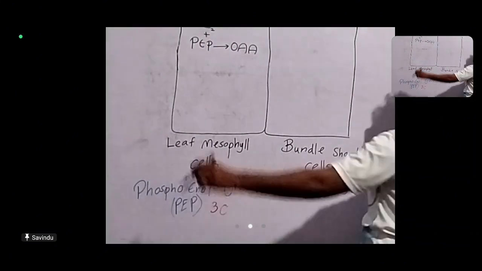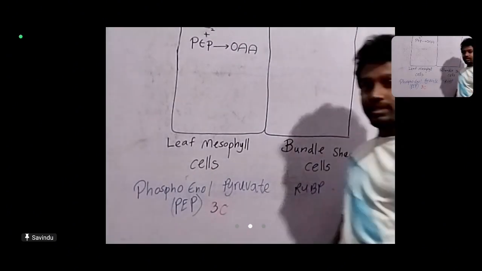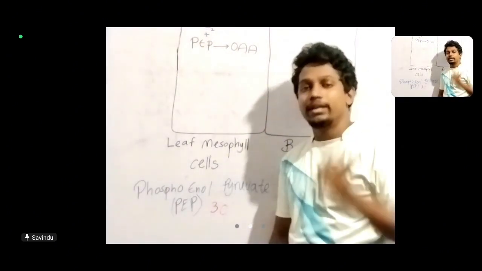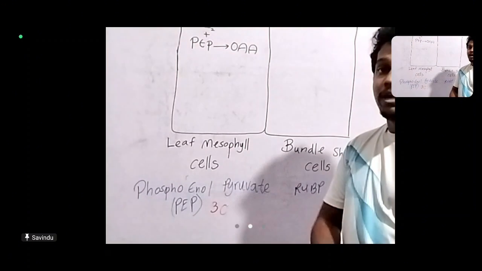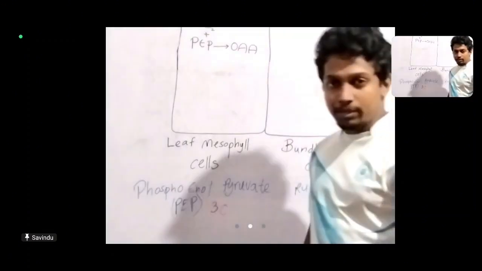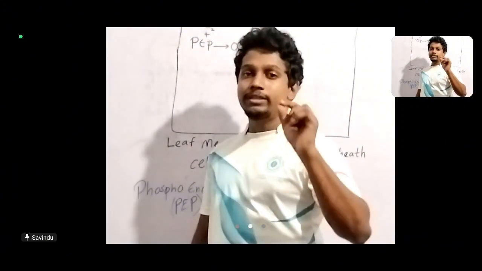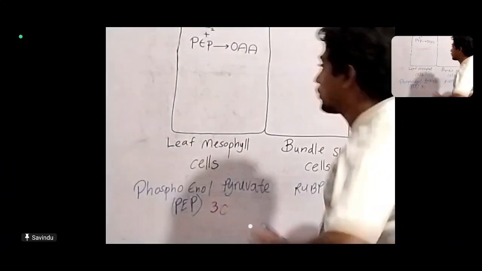PEP, oxaloacetate. This reaction is stimulated by an enzyme. We call that enzyme PEP carboxylase, not ribulose bisphosphate carboxylase oxygenase.